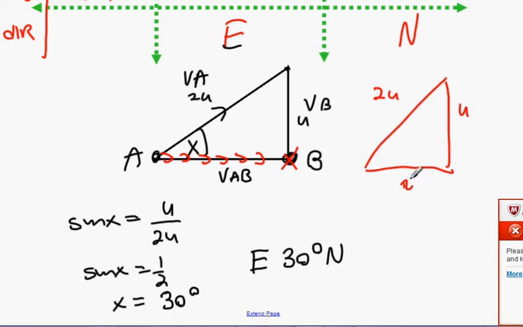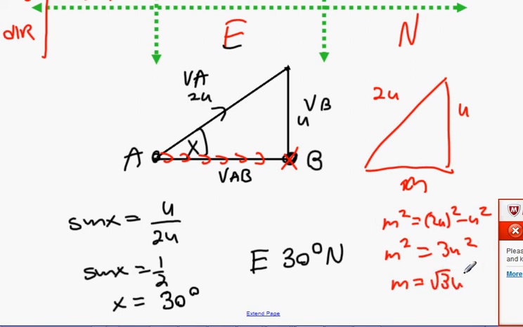We'll call it M. M squared equals 2u squared minus u squared. M squared equals 3u squared. M equals root 3 u. You happy with that? So the time is your distance, which is 2,400 divided by root 3 u. And that's the same thing as 800 root 3 over u.